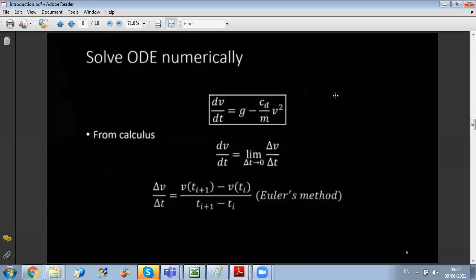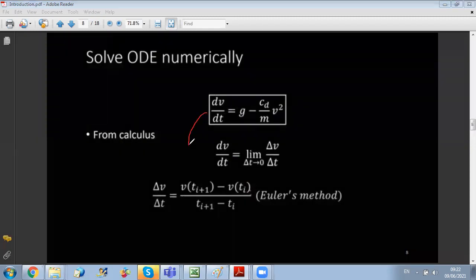So now we have this ordinary differential equation. We can solve it numerically in an easy way. In order to solve it numerically, we should know how to compute the derivative. You have several schemes, several methods to compute a derivative.